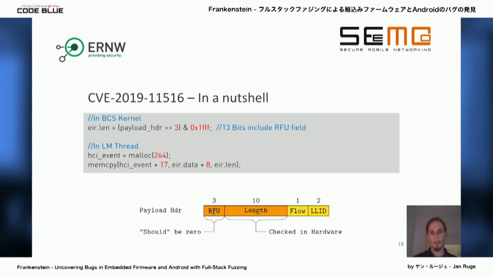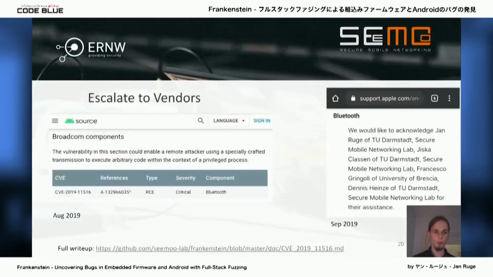However, if an attacker sets one of those bits to 1, we can greatly exceed the final length of the buffer here. And you should notice that the receiving hardware just ignores this field, and the firmware should also ignore the field, but it doesn't, and therefore we can trigger a memory corruption.